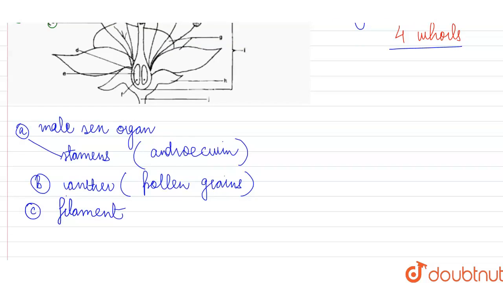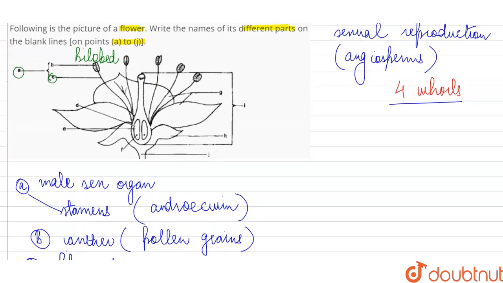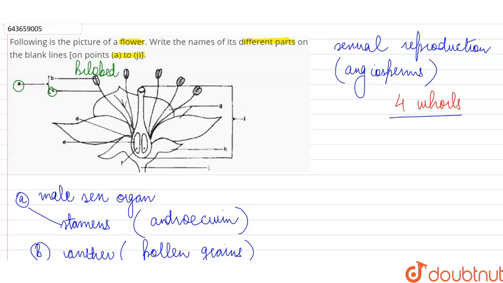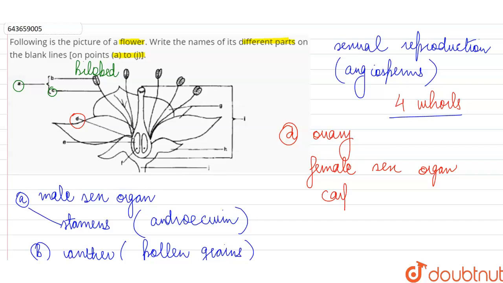Then let us move on to part D. In part D, they are labeling the female sex organ. So in D, basically they are trying to show us the ovary. Actually, the female sex organ in the flower is known as the carpel or the pistil, and the lower part, the basal part of this carpel is quite enlarged or bulged.